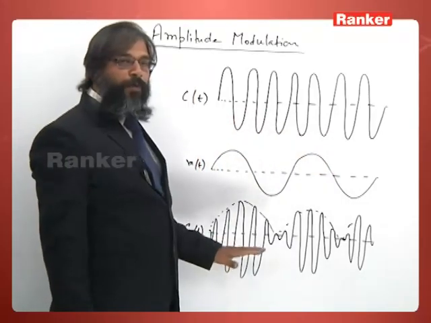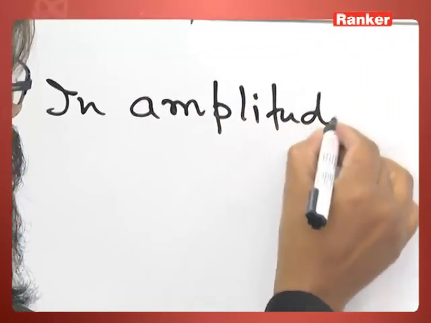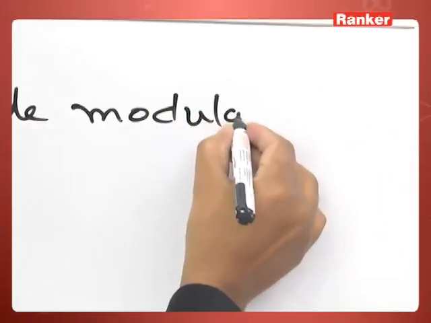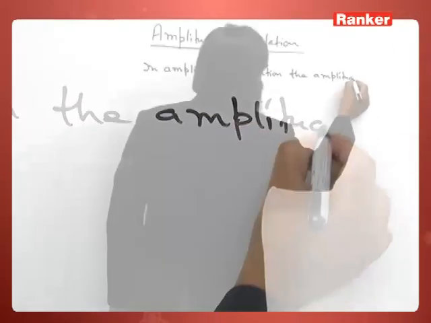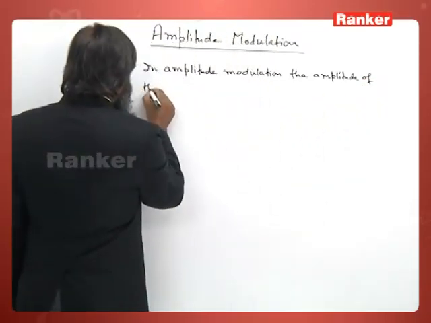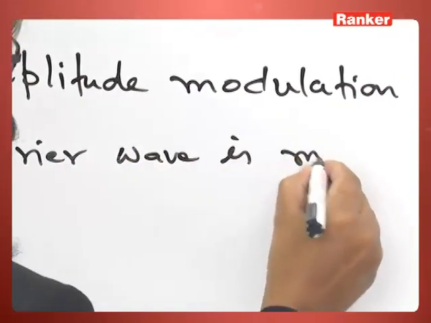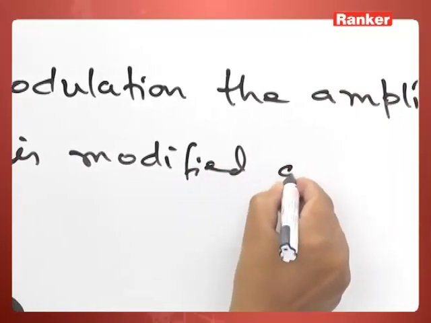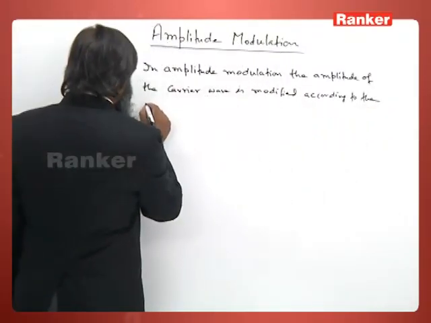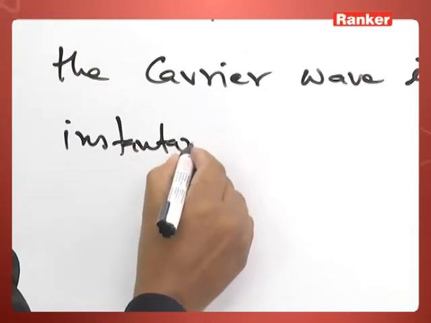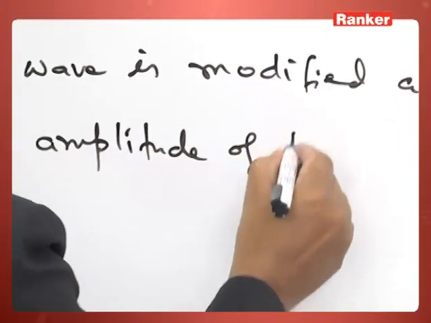So, this diagram is very important. In amplitude modulation, the amplitude of the carrier wave is modified according to the instantaneous amplitude of the signal wave.